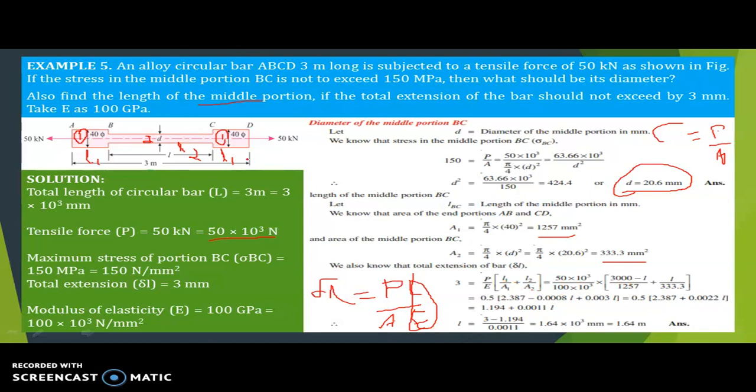So what is this L1? The total length we know, that is 3 meter, means 3000 millimeter. We want only this L1 distance. How will you get it? Total length minus this. If you deduct this L, you will get these two distances, right? So L1 is the total length minus this portion.